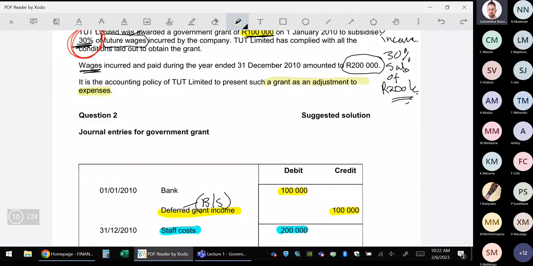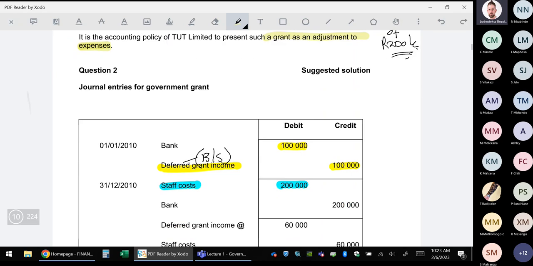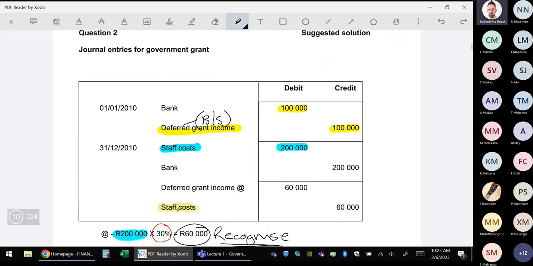Remember, if it's income-based, I can either offset the grant income against the expense or show it as other income. So here it says we offset it against the expense. So that's why staff cost is credited. So I will make the staff cost less with 60,000. And deferred grant income is debited with the 60.